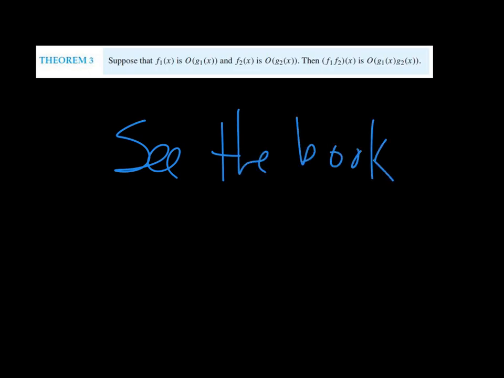So again, see the book. These are immediate from the definition, and it will be really good practice to work these out for yourselves by looking at the proofs in the book.